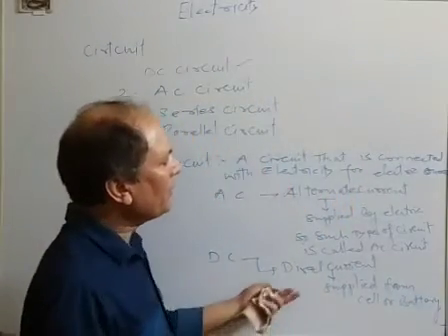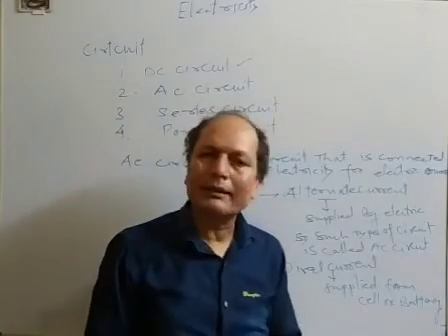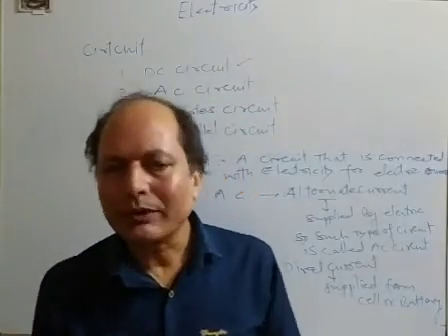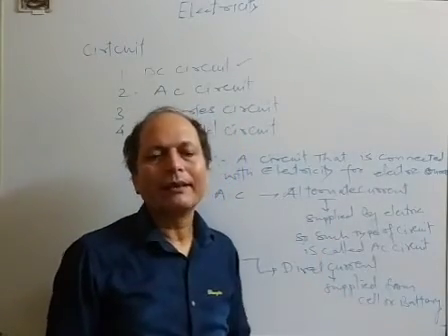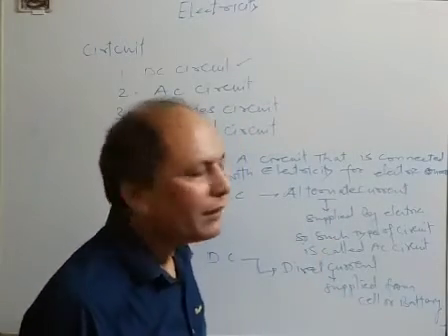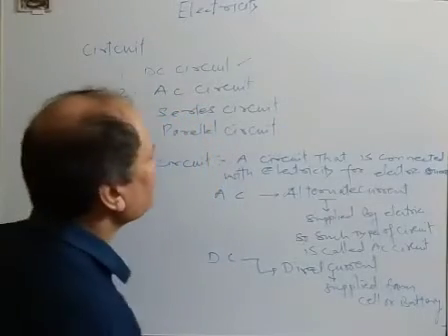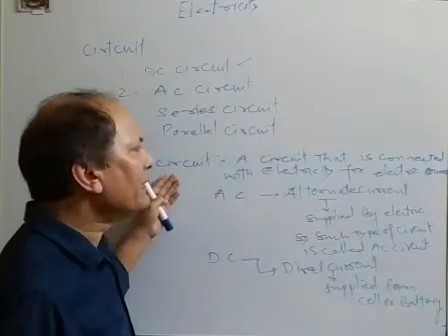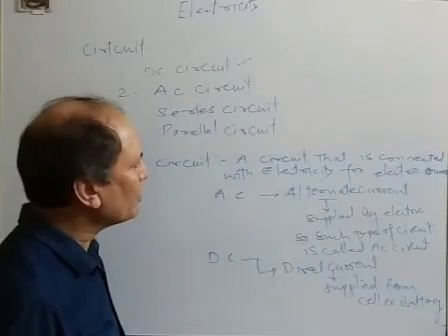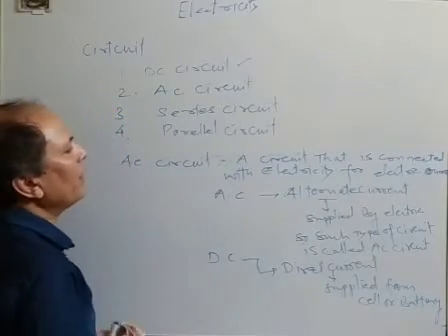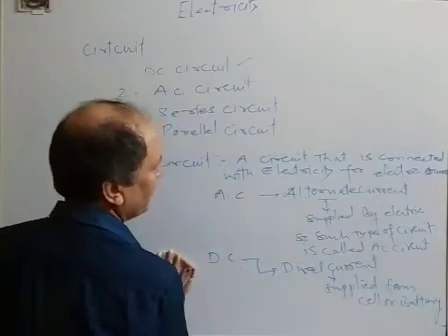How the electricity is supplied by cell or battery is called DC, and why it is called AC, I will tell you in detailed explanation later. But previously, now come to the point. So, AC circuit: a circuit that is connected with electricity or electric source is called AC circuit.